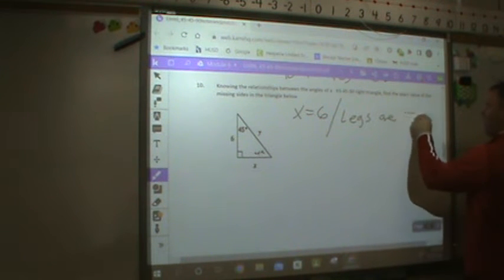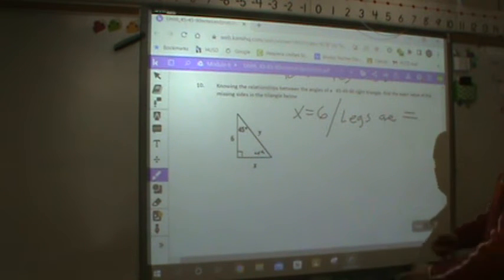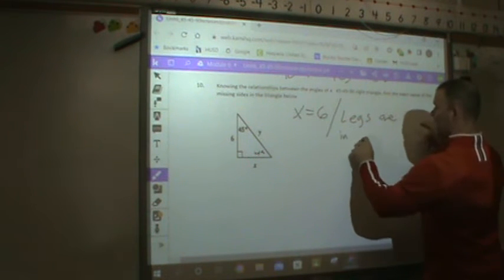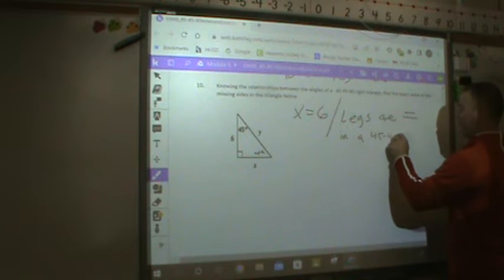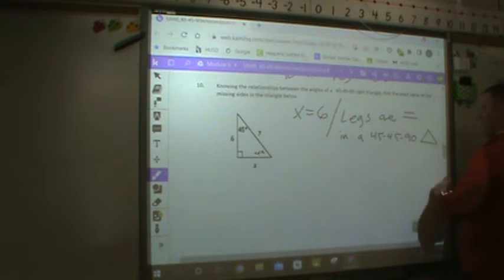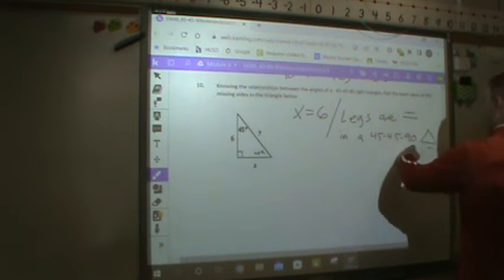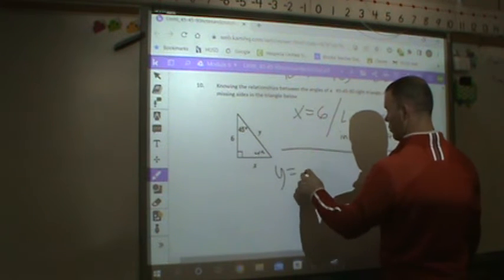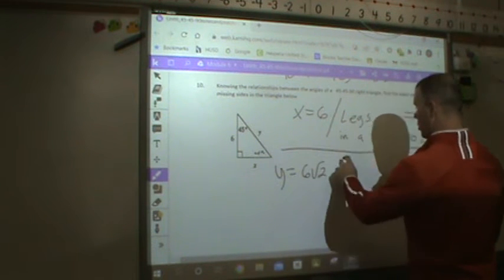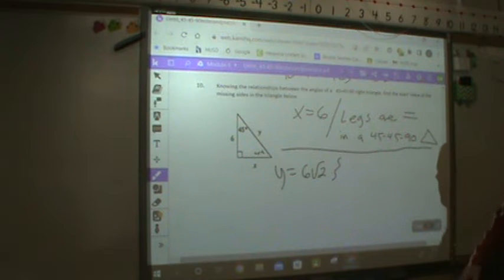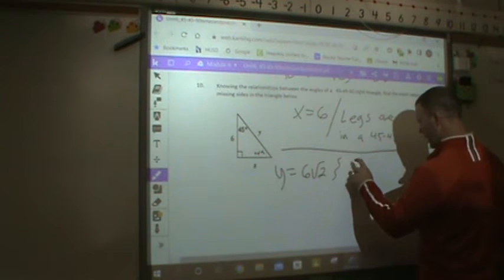Legs are equal. Now you might even say legs are equal in a 45, 45, 90 triangle. Legs are always going to be equal. So there's that. Y equals 6 square root of 2. Why?